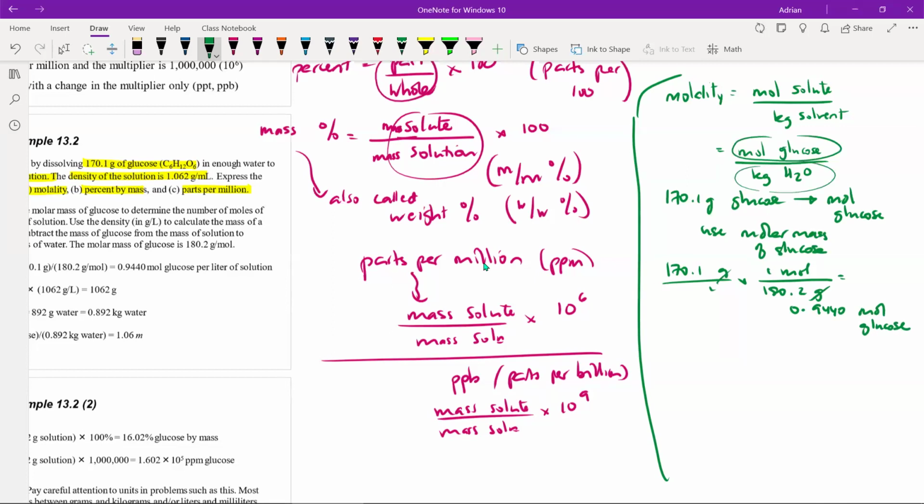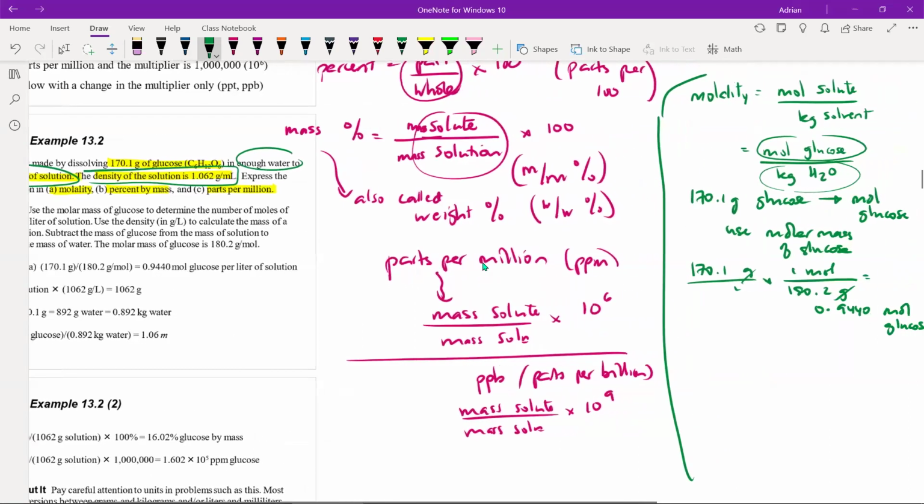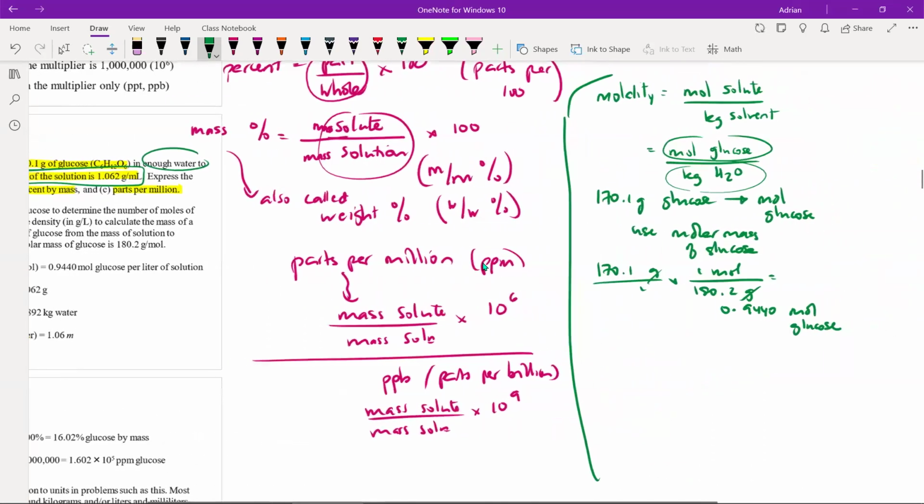Now we need the kilograms of H2O. We're not given any information about water except to say that we have enough water to make a liter of the solution, and they give us the density of that solution. So with the solution, what we can do is use the density and convert the liter into grams.